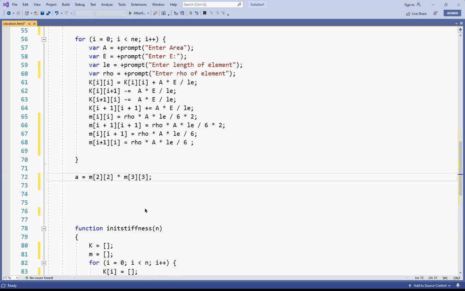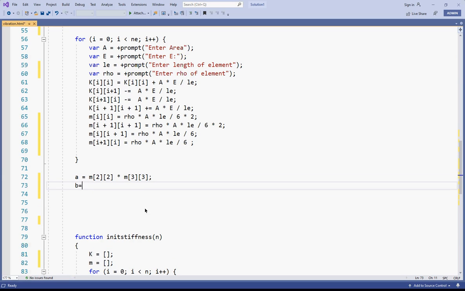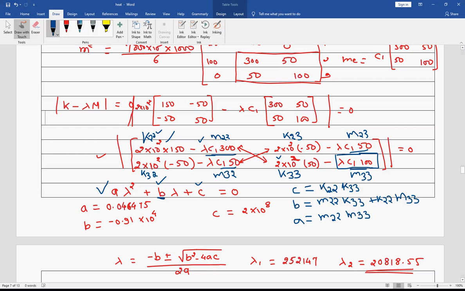So that is my A. What is my B? B will be equal to M22 into K33 and K22 into M33.